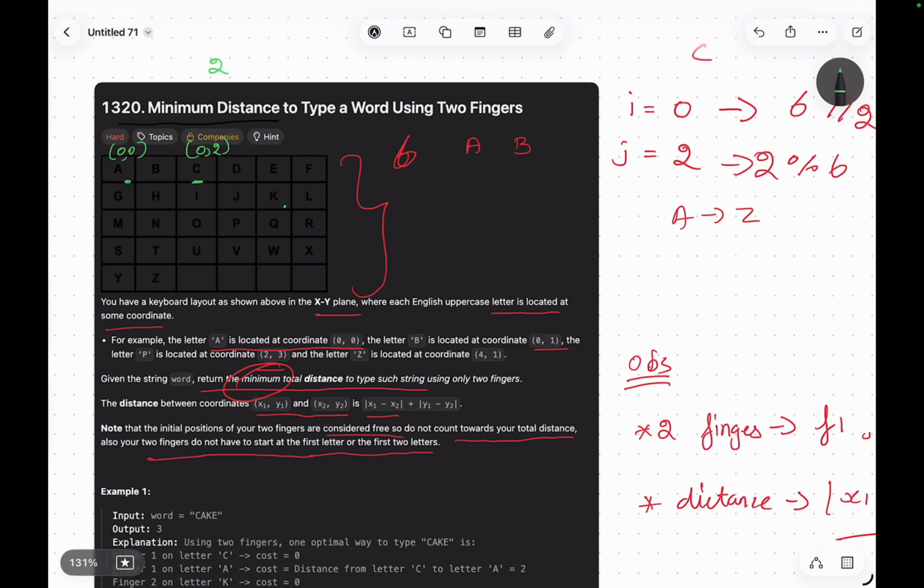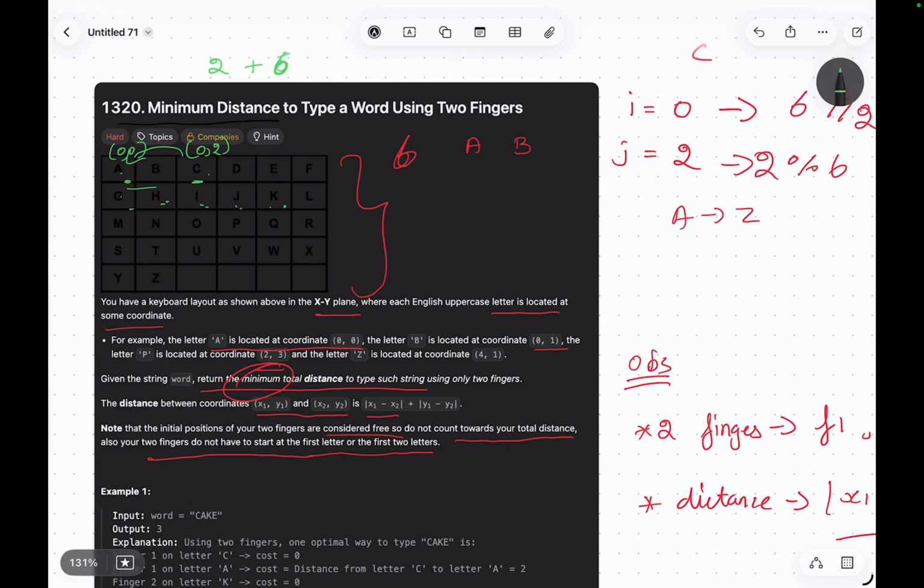Again, if you're using finger 1, from A to K, from this to this is 2, and from A to K, 1 2 3 4 5, so you have 5 as the distance. No, 1 2 3 4 5 6, so this is 6 actually.